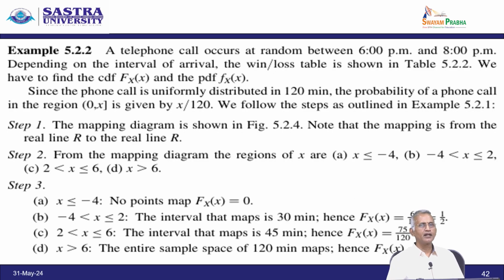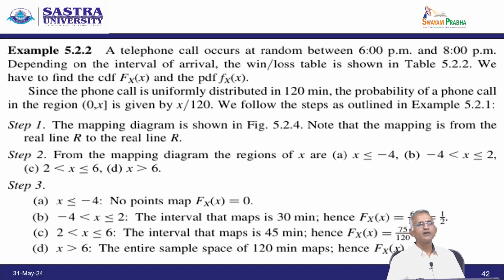So, from the mapping diagram, the regions are x less than or equal to minus 4, x between minus 4 and 2, 2 less than x less than or equal to 6, and x greater than 6. Now, we have the third step. Check x less than or equal to minus 4: there is no point of the map. For minus 4 less than x less than or equal to 2, F_X of x is 60 by 120, because we have a distribution over 120 and the maximum possibility is 60, therefore 60 by 120 is 1 by 2.